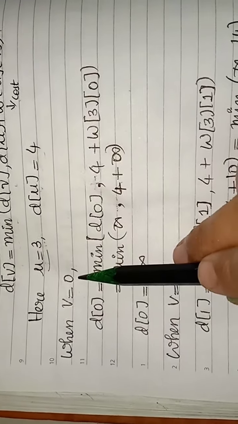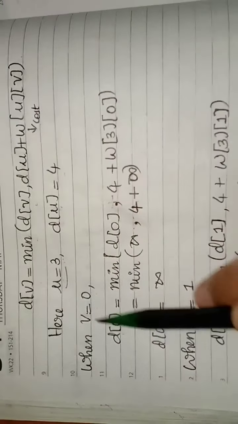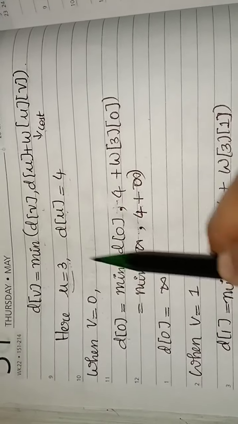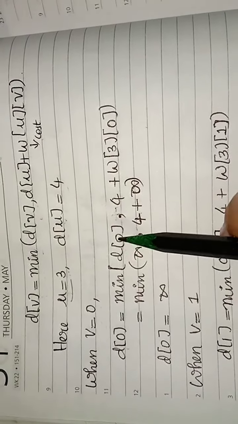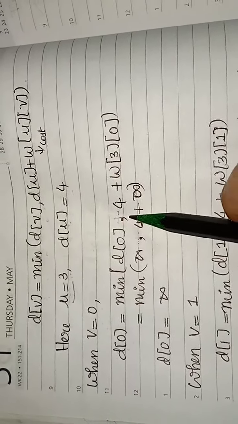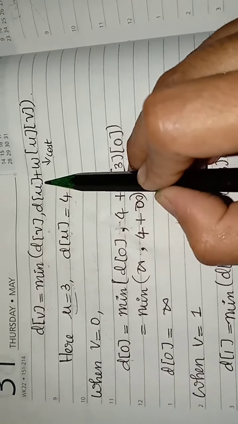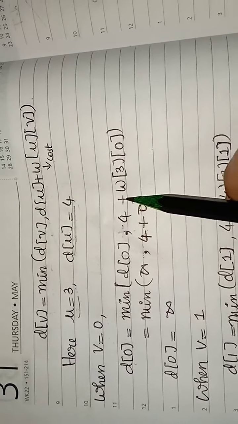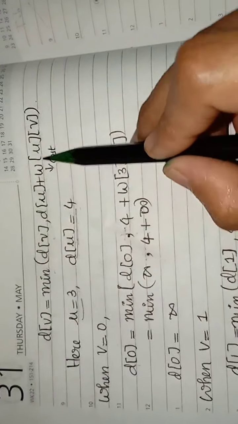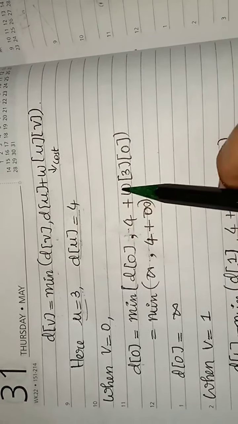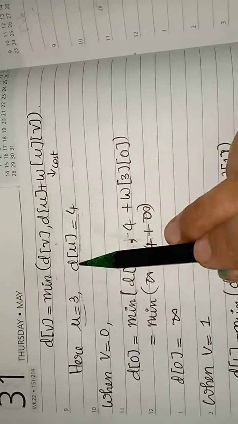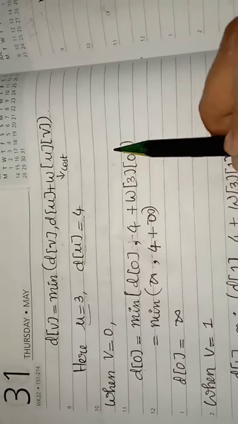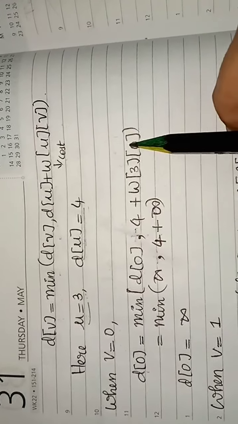So when V is equal to 0, you substitute the V value, that is 0: d of 0 is equal to the minimum of d of 0 comma d of U, which is 4, plus cost of U comma V. Just substitute the U value and V value. U value is 3 and V value is 0.